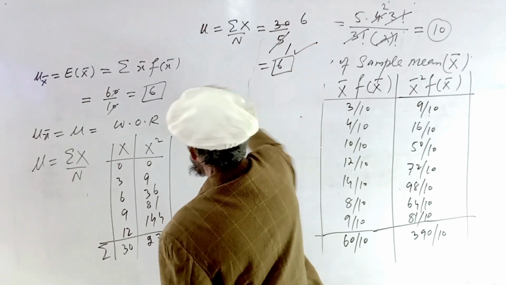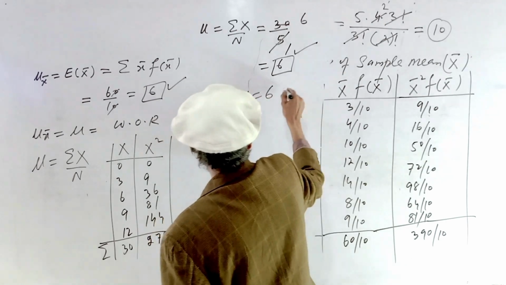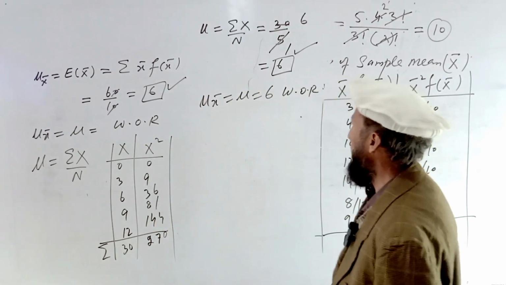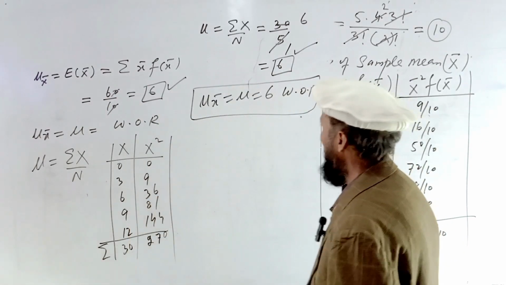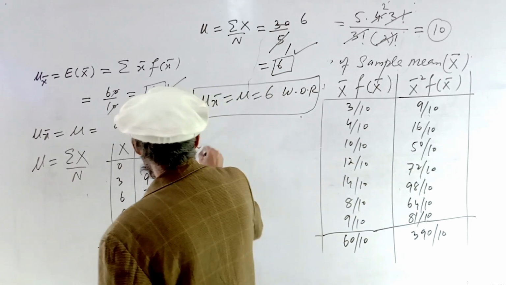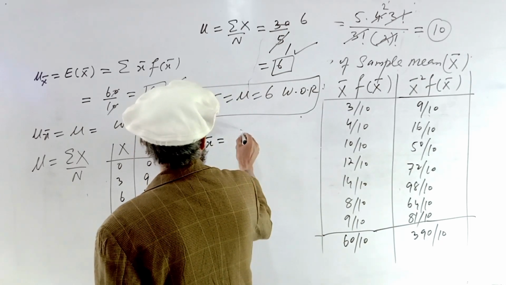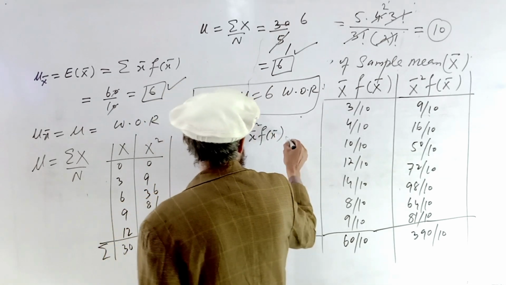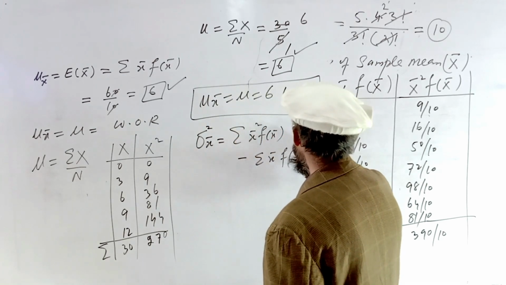Both results are the same. So the expected value of x bar, the mean, is equal to 6 in the case of without replacement. So both results are equal. We verified the first property. Now we want to prove that sigma square of x bar is equal to summation x bar square f of x bar minus summation x bar f of x bar whole square.